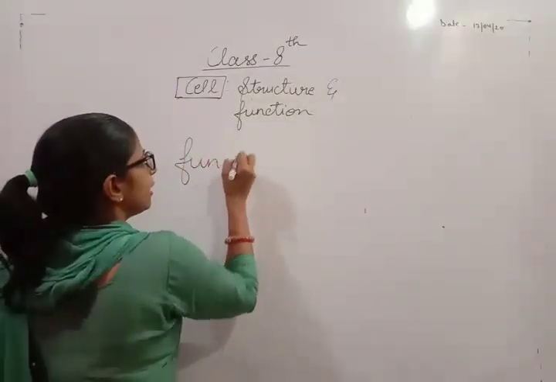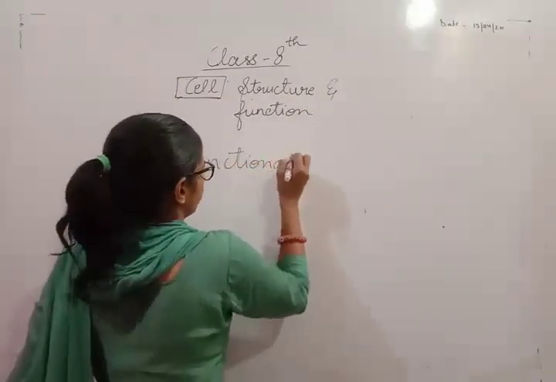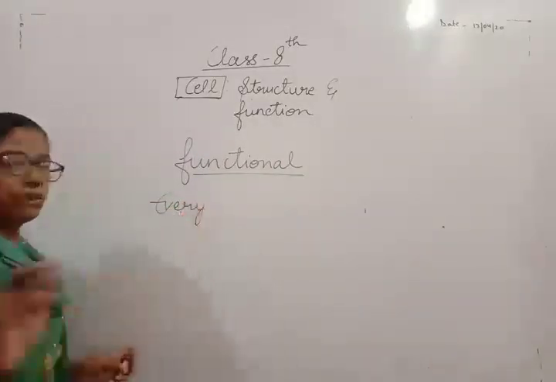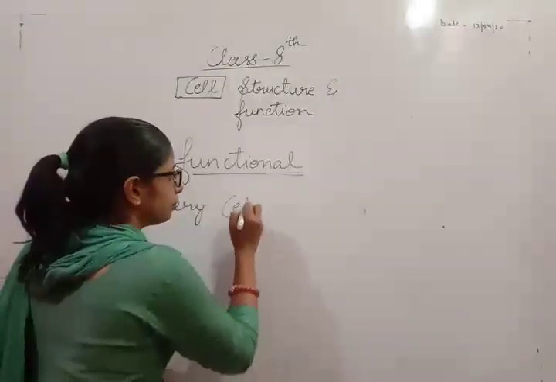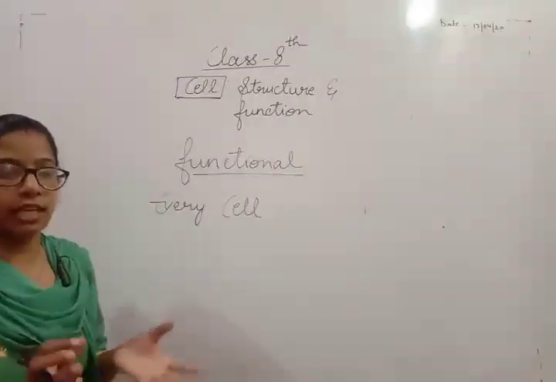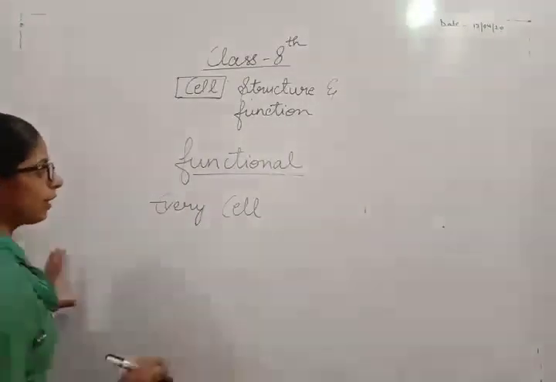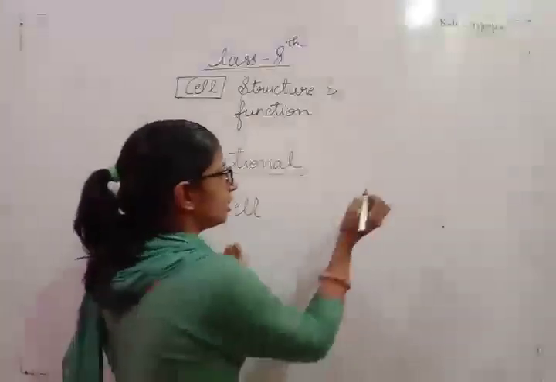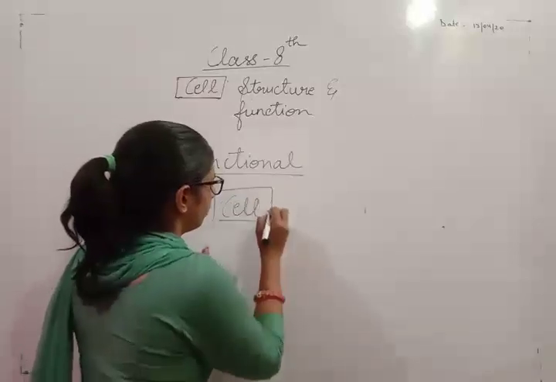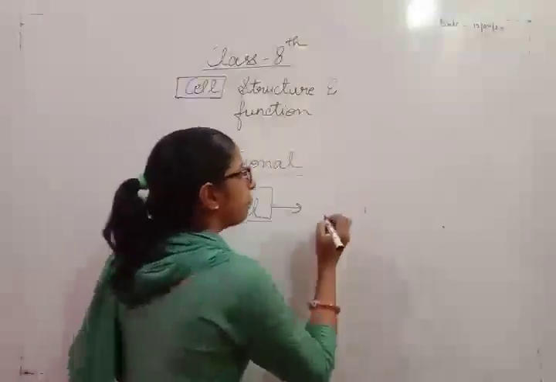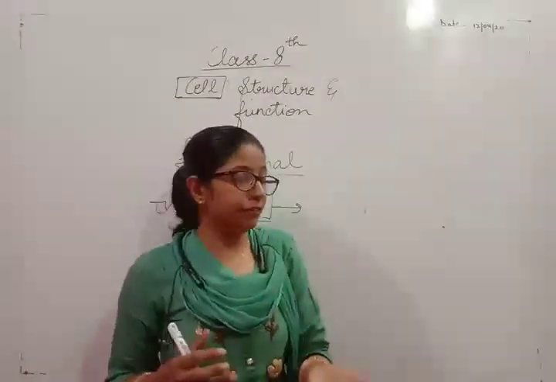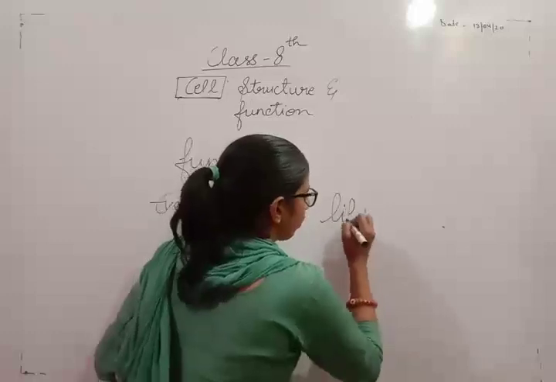We are saying cell is a functional unit because every cell... we saw earlier that unicellular organisms are made up of only a single cell. So that single cell in a unicellular organism performs all the processes which are important for their life, which we call life processes.